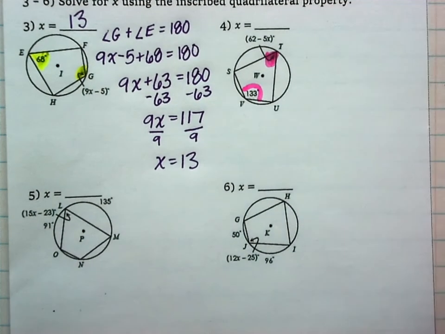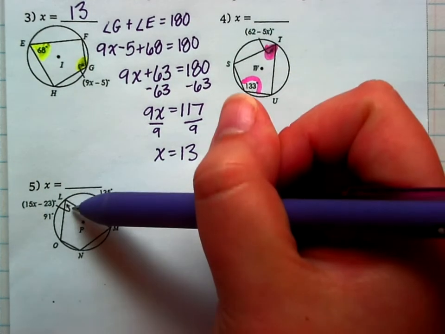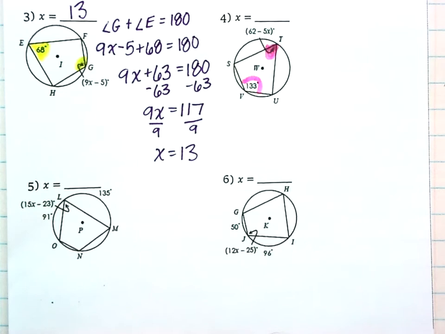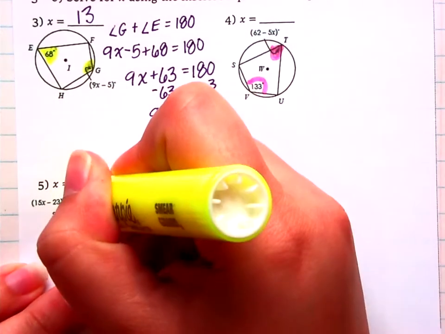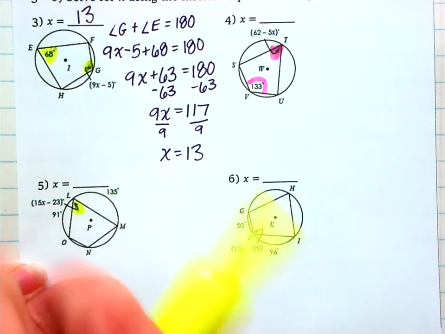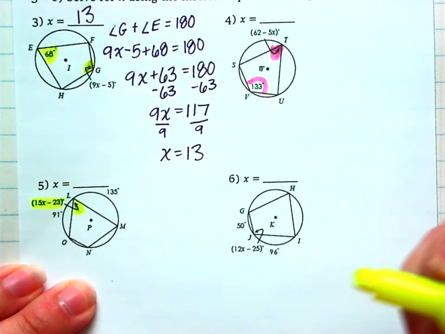All right, let's jump down to number 5, one with a little bit more steps, maybe a little bit more challenging. So they gave us one of the angles. They gave us angle L. So we have L here. I know it's an arrow, but it is 15x minus 23.